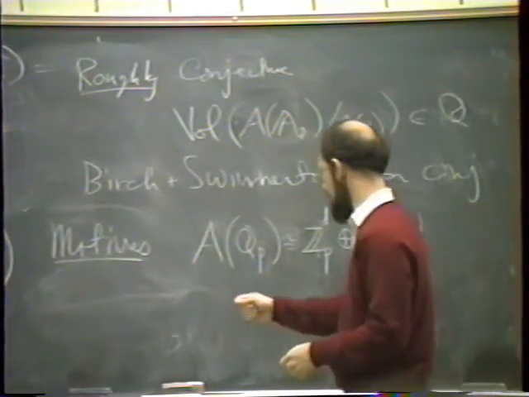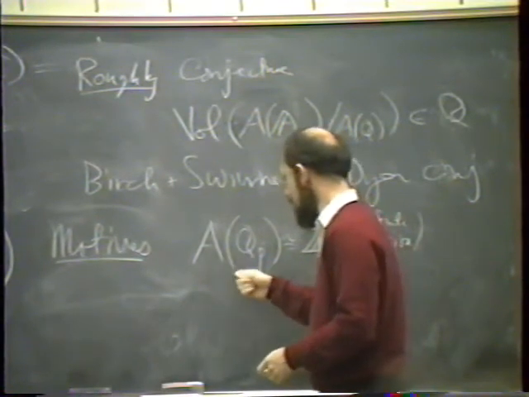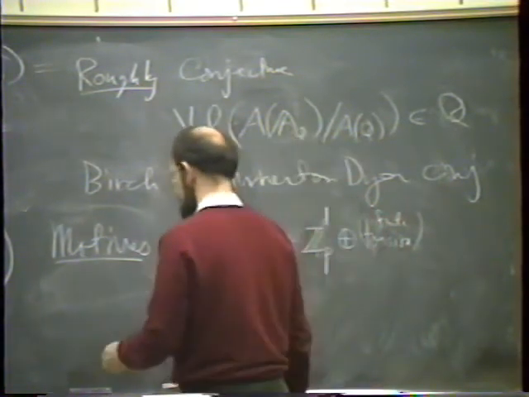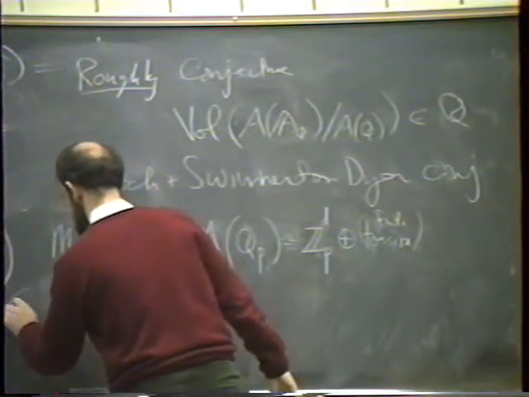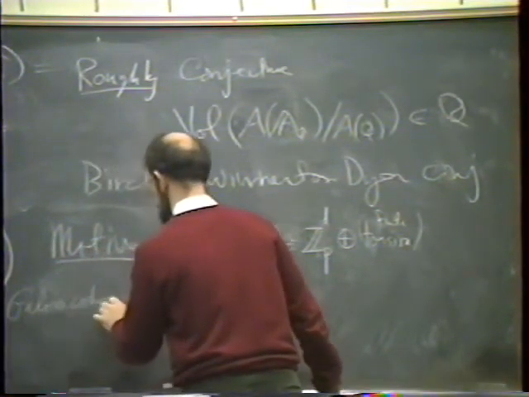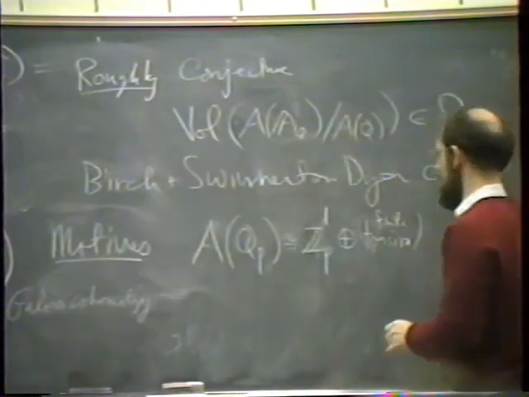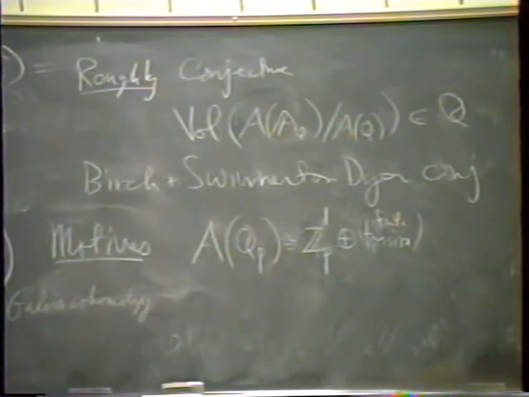And so one way to think about this group is the following. If we can use Galois cohomology, let's see, how do I want to say this?